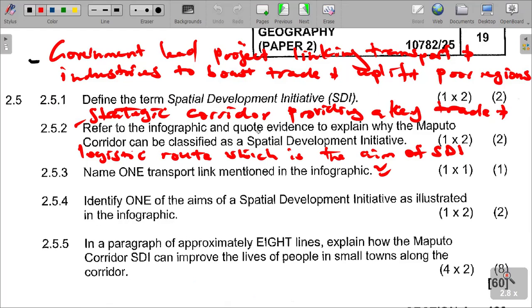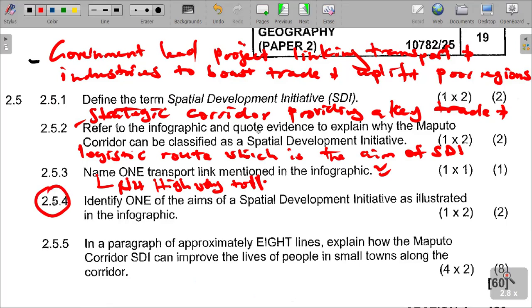We have the N4 highway. That is 2.4, given in this case.